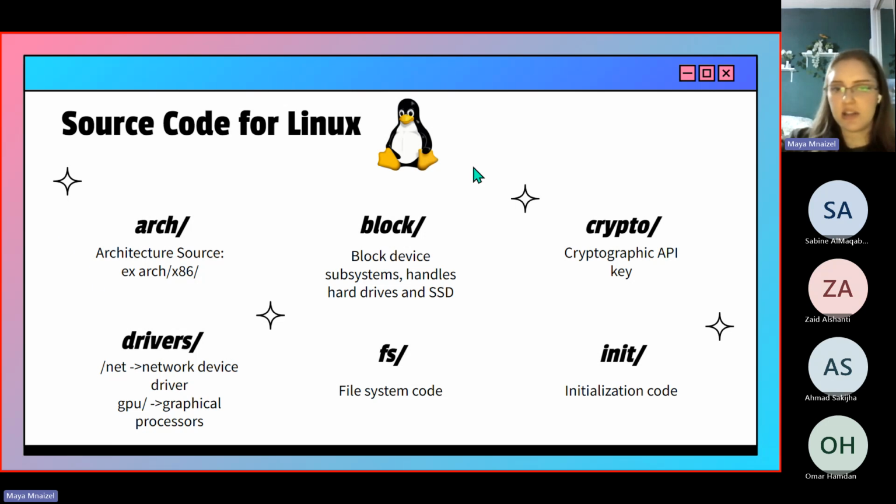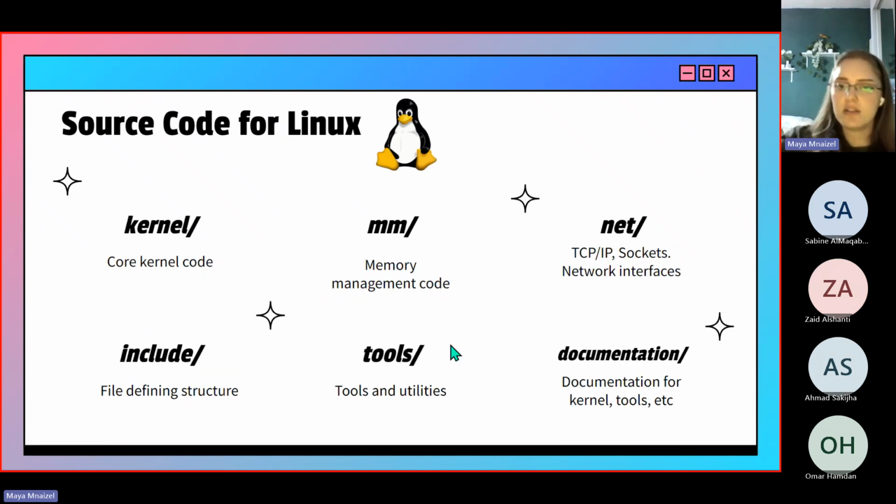That is architecture, block, cryptographic keys, initialization code, file system code, driver code, like graphical processors, GPUs, and network device drivers. The kernel, the memory management code, the network code, the documentation tools, and the include code.